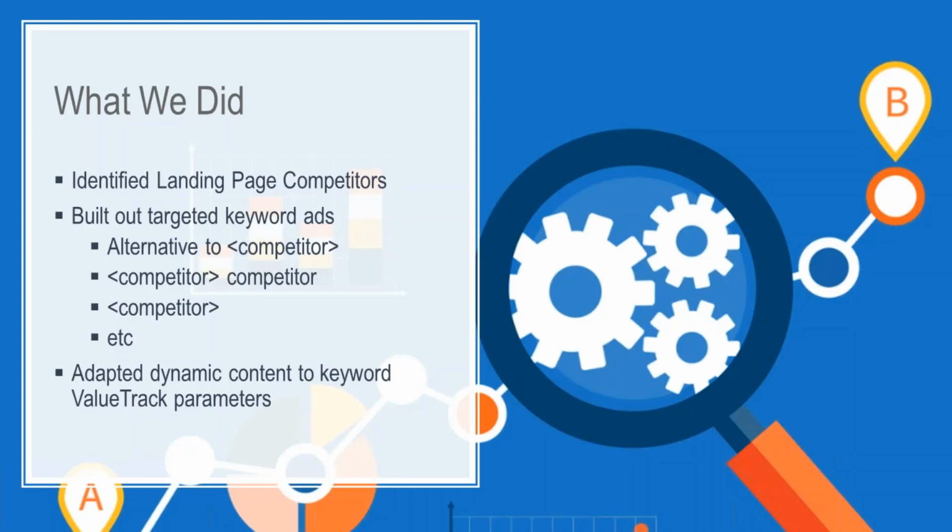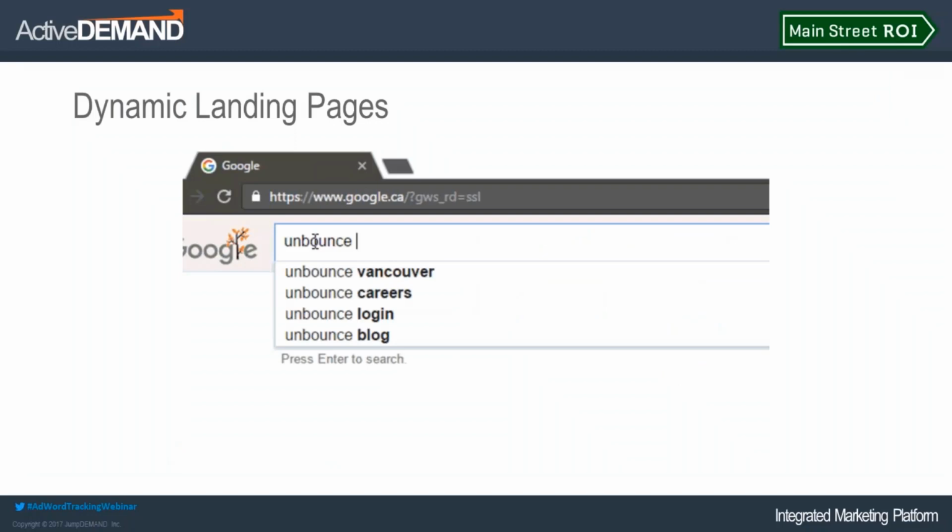Instead of having a long list of very different landing pages, or a very generic landing page that hopefully will be right for everybody who clicked on a specific ad, we used dynamic content and connected it to the ValueTrack parameters from Google's ads, so that we could adapt the landing page to the actual keyword search. Next slide. And you can see it here.